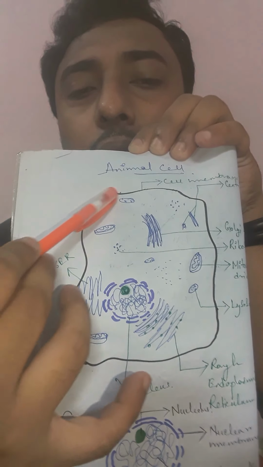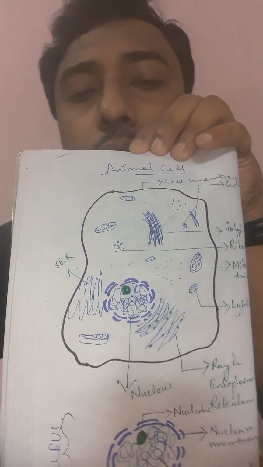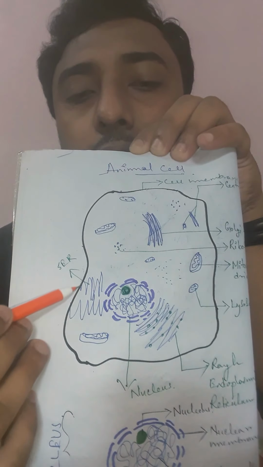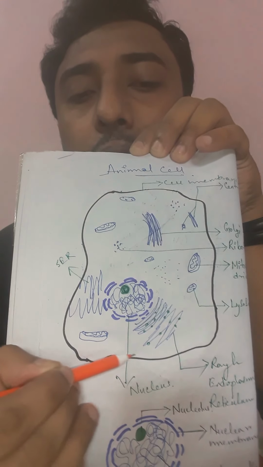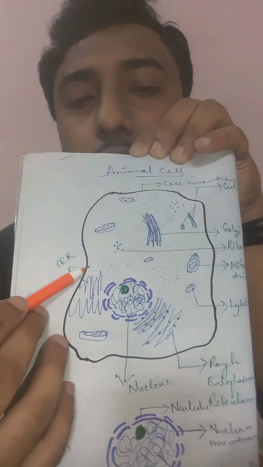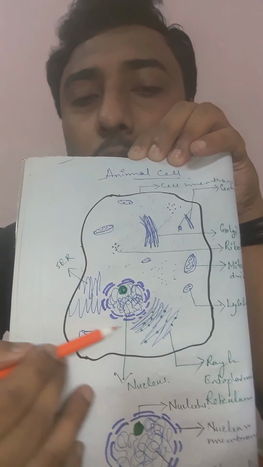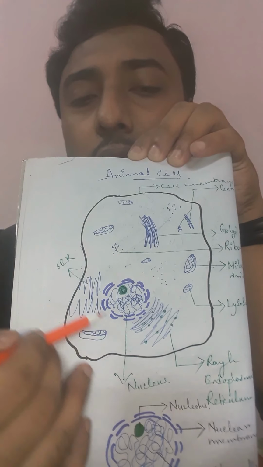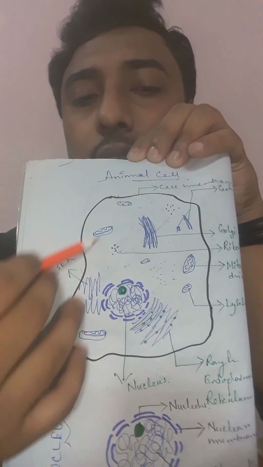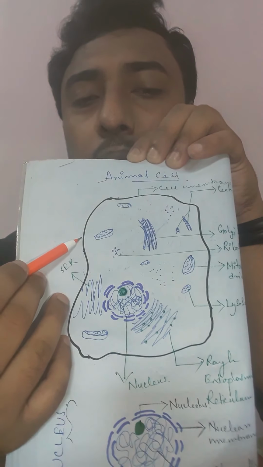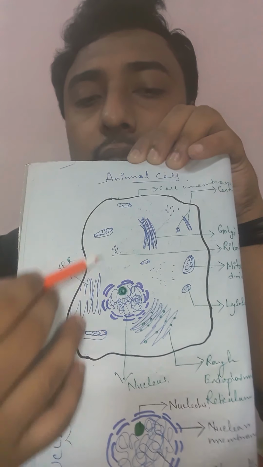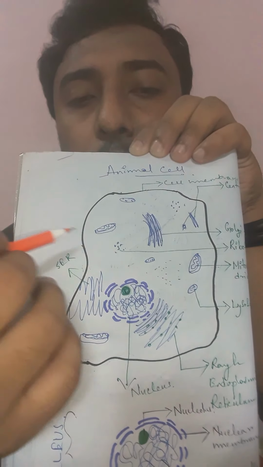It is a barrier, it is known as cell membrane. And the entire portion present inside is known as protoplasm. So cell membrane and then protoplasm, these are the basic structure of a cell.